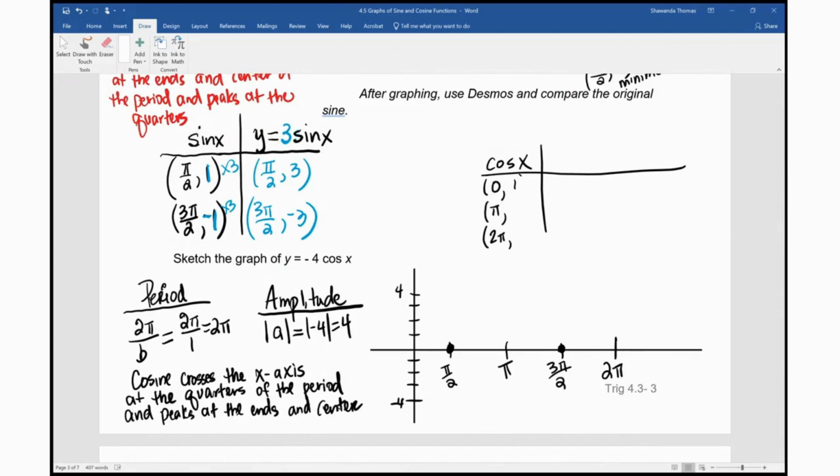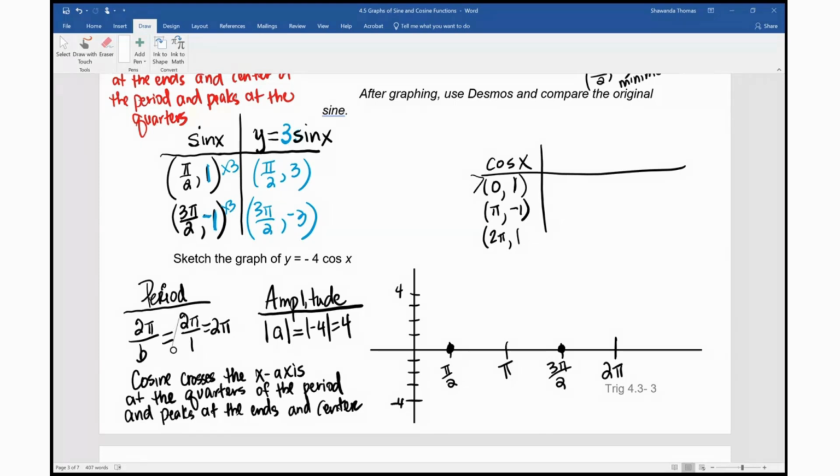All right. For pi, cosine of pi, what is the output? -1. And for 2 pi? 1. Aren't 0 and 2 pi the same spot on the unit circle?